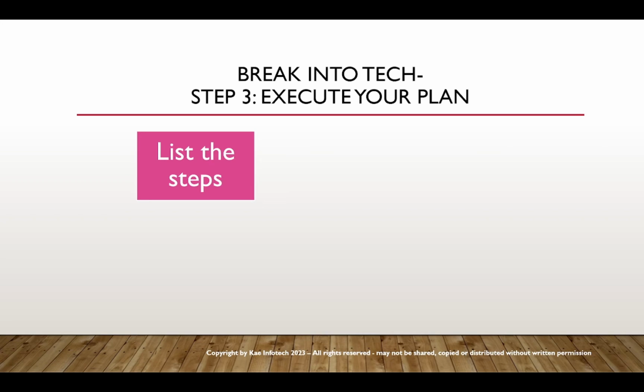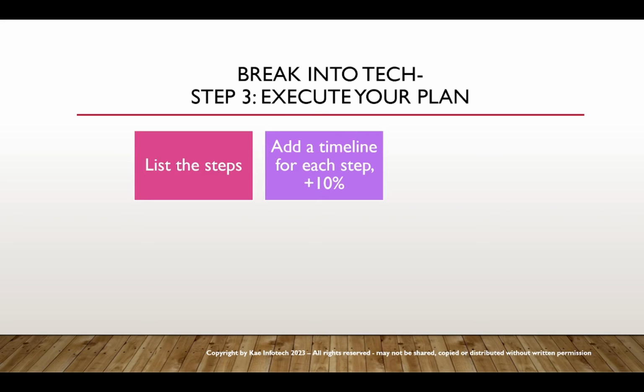For each step, add a timeline and add 10% to the timeline because nobody is perfect. Life happens, things happen. You couldn't do something on one day because you had to take the kids somewhere or you had to work later, whatever it is, right? So pad your timeline a little bit, not a lot. Because if you put a lot of extra time in there, you'll never get it done. But put a little extra time in there for each step.